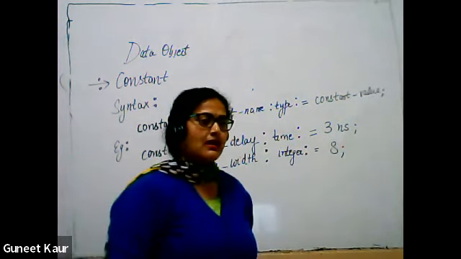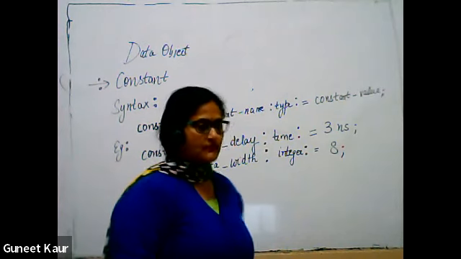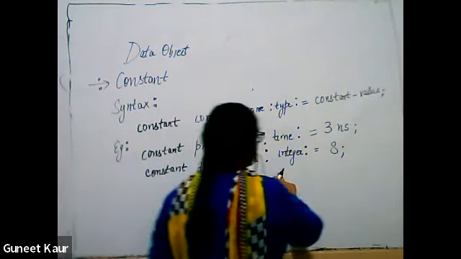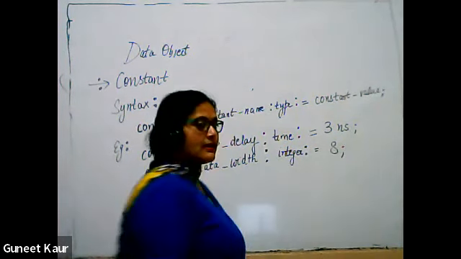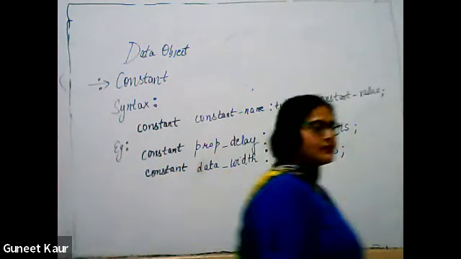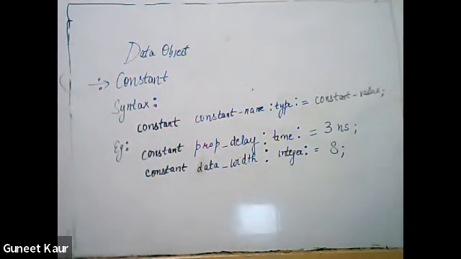In this language, I have to put the semicolon at the end. Now for the integer, I have given the value 8 with the semicolon. So this was the example and the syntax used for the constant data object.